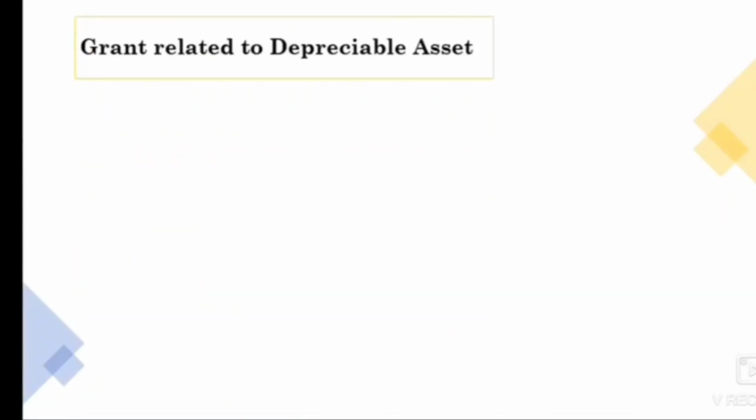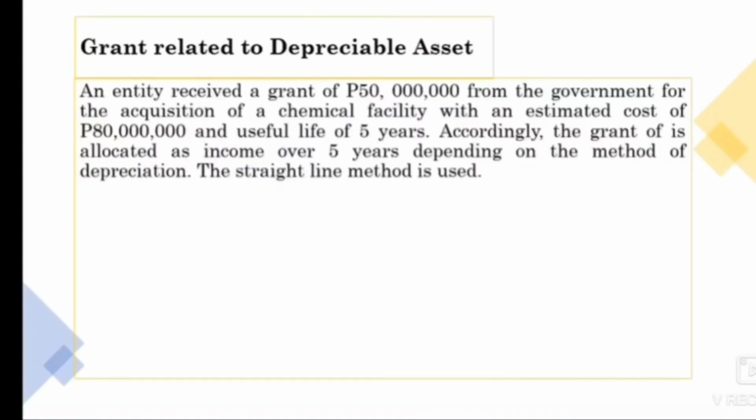So, dito naman, pag-usapan natin yung grant related to depreciable asset siya. So, let's read first. An entity received a grant of 50 million from the government for the acquisition of a chemical facility with an estimated cost of 80 million and useful life of 5 years.